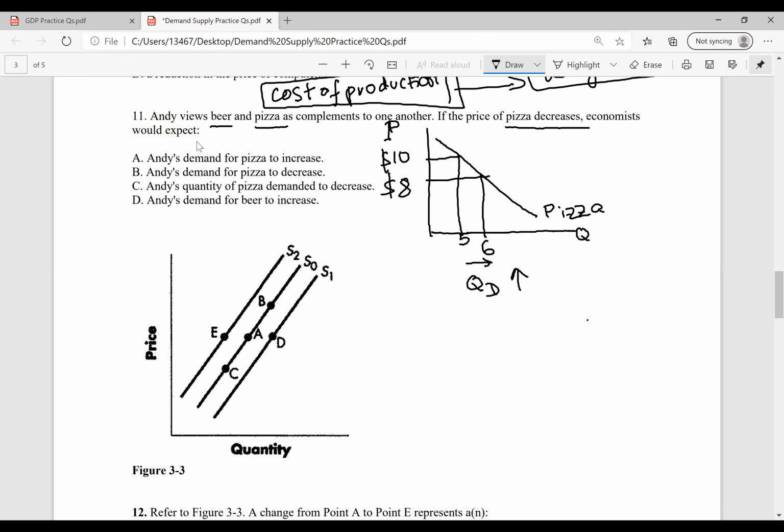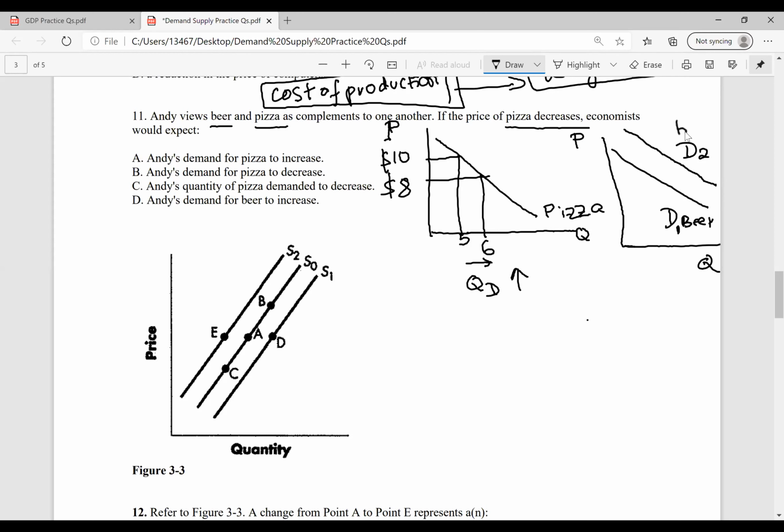But what happens to the demand for beer? So let's look at the demand curve for beer, the initial demand curve. We want to have pizza and beer together. If you are eating more pizza, you are also going to drink more beer.